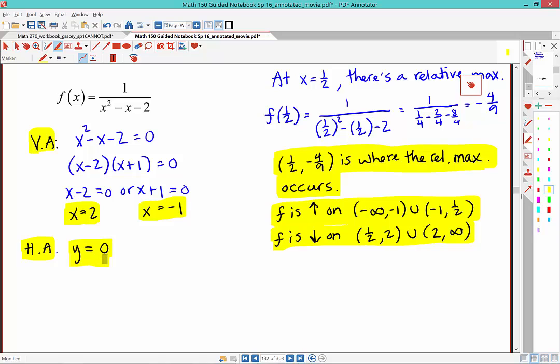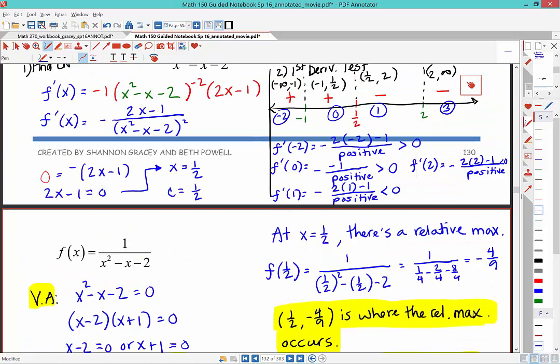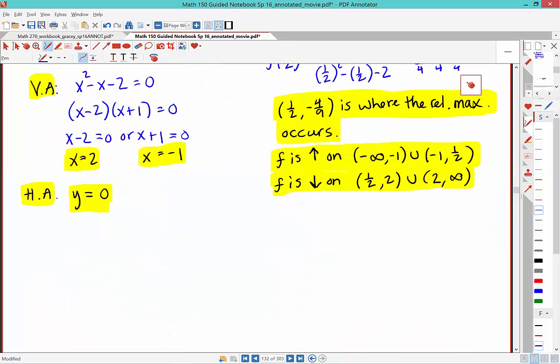Okay? Now, let's go ahead and be real careful on how we copy down our first derivative. So f prime at x is negative 2x minus 1 over x squared minus x minus 2, the quantity squared.